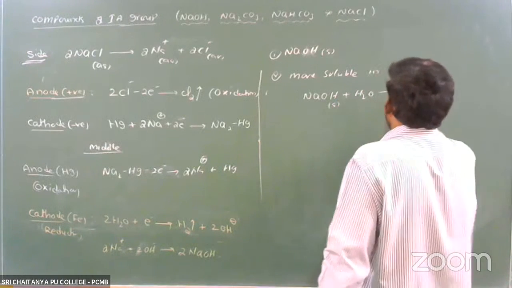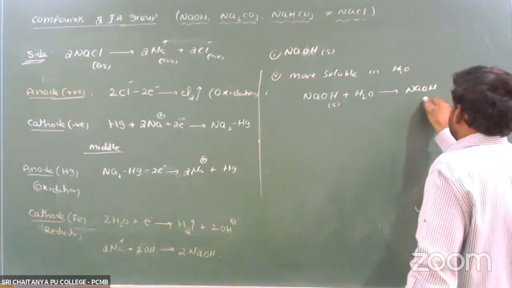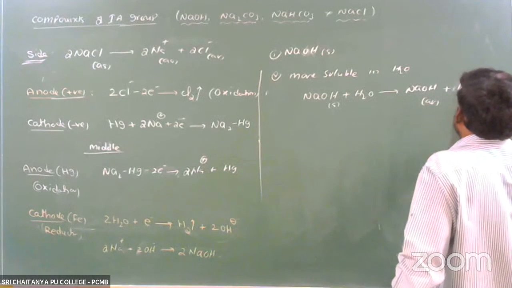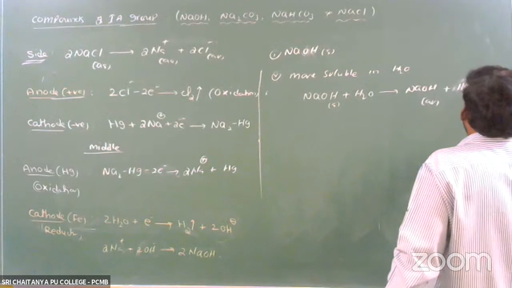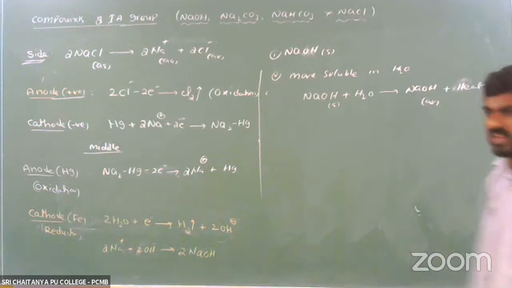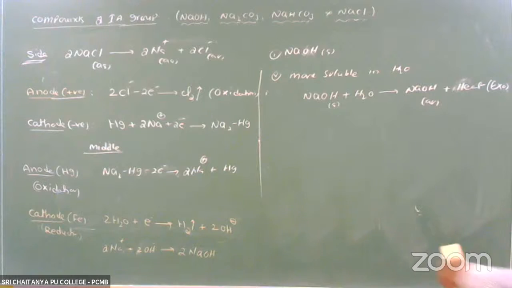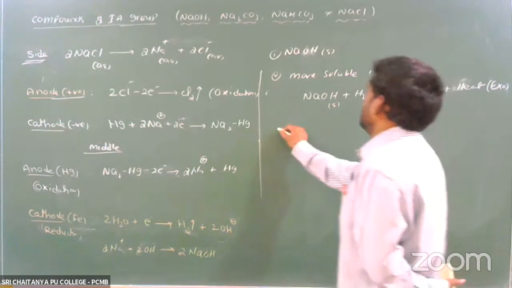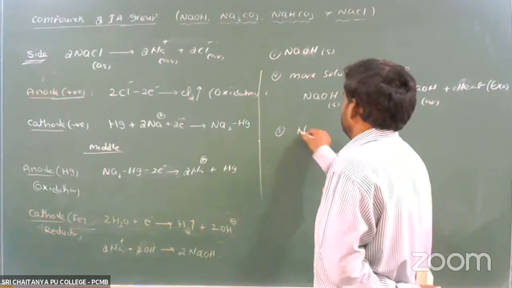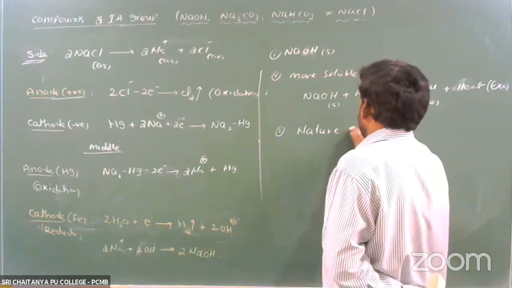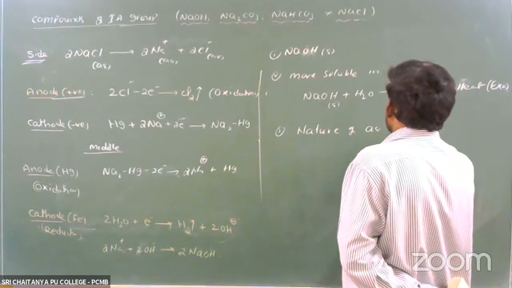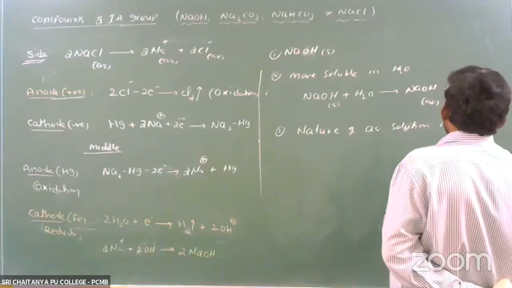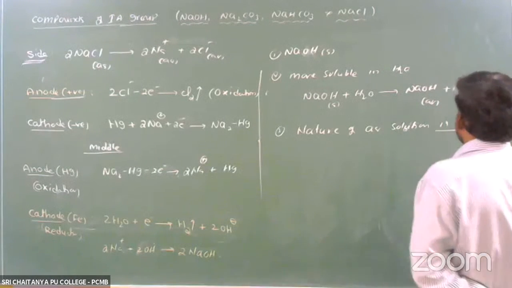On dissolution, sodium hydroxide aqueous solution is formed. It is an exothermic reaction, meaning heat is evolved. The nature of the aqueous solution is basic, with pH value greater than 7.